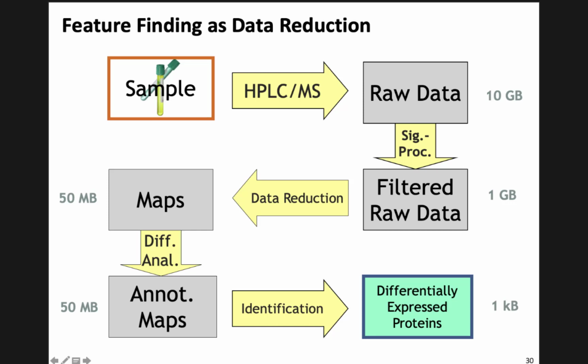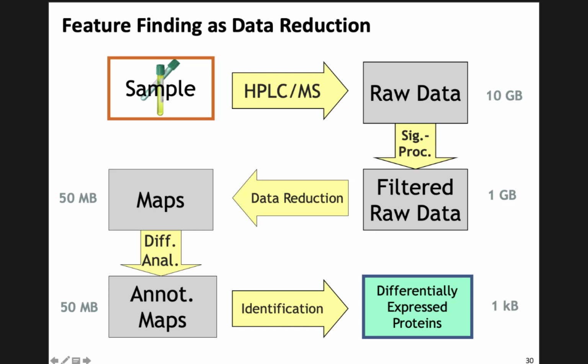You start with like 10 gigabytes of data, bunch of samples, and you reduce that by doing peak picking and by reducing it to maps, by feature finding, and then you annotate them with the identification, and you ask only which are differentially expressed, and then you end up with roughly a kilobyte or a bunch of couple hundred kilobytes, depending on how much is differential.